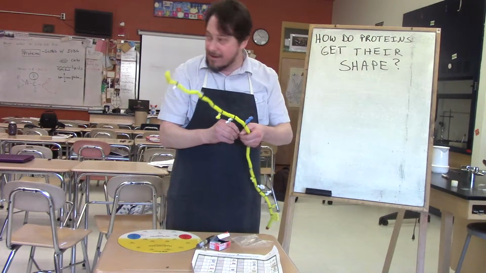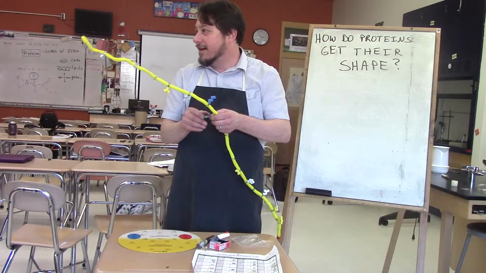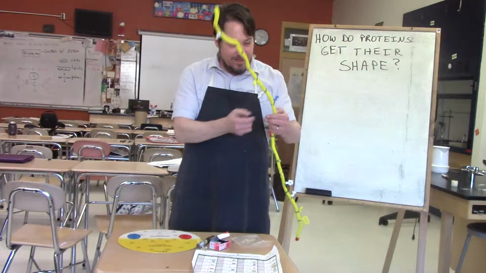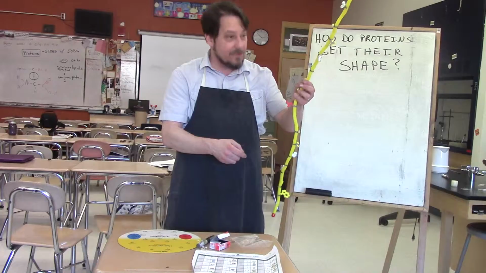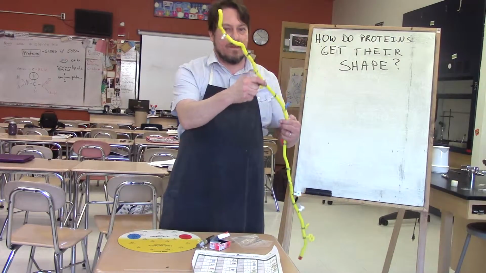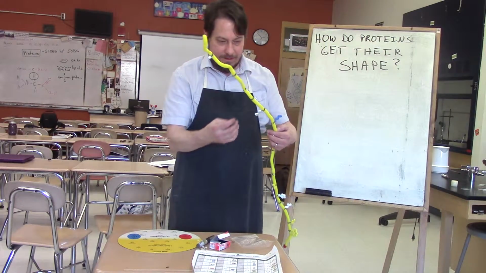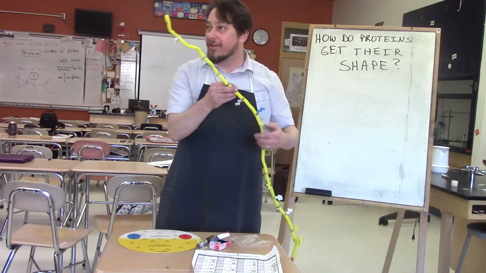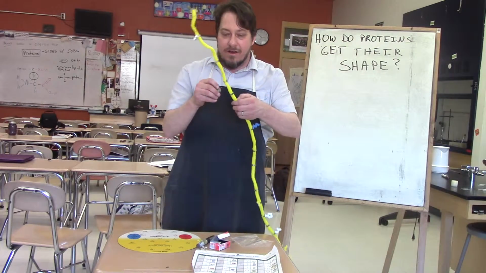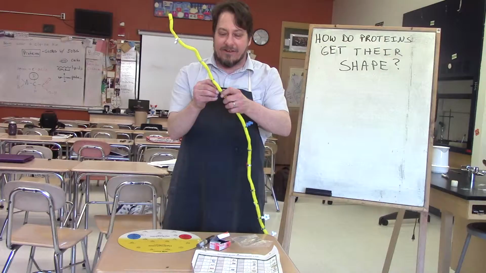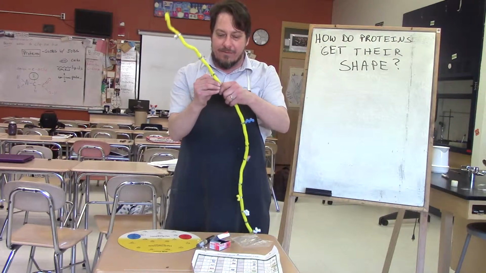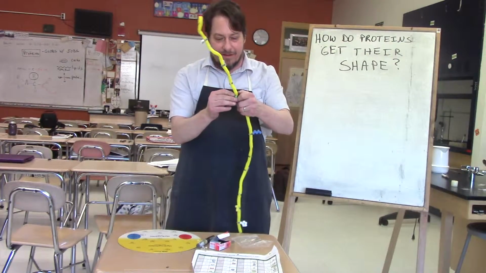I get the clip just kind of on there. As long as it stays there. I realized I didn't have either of my green ones on there, my cysteines, which I need to have.